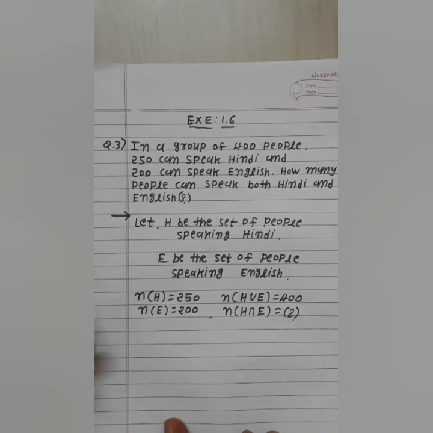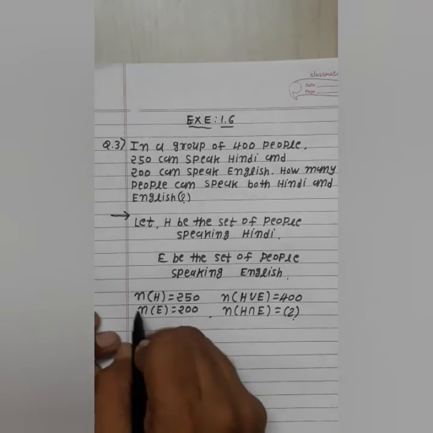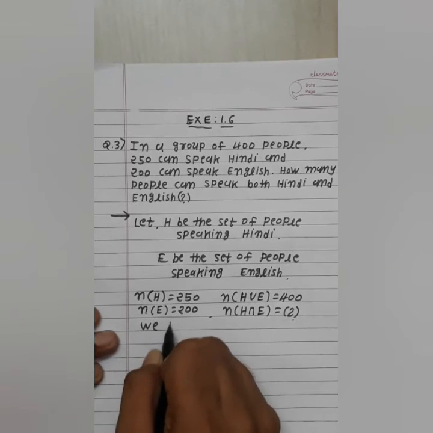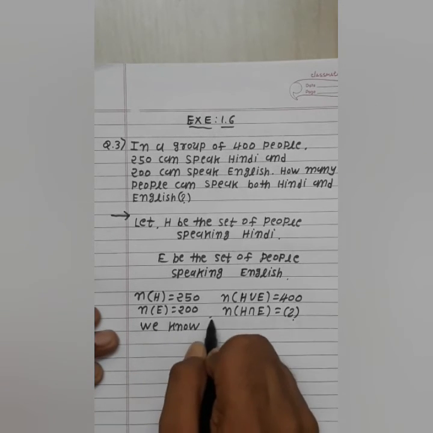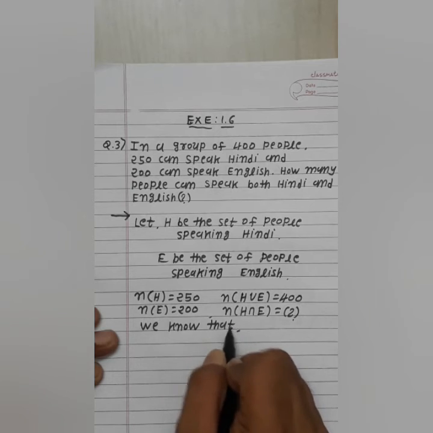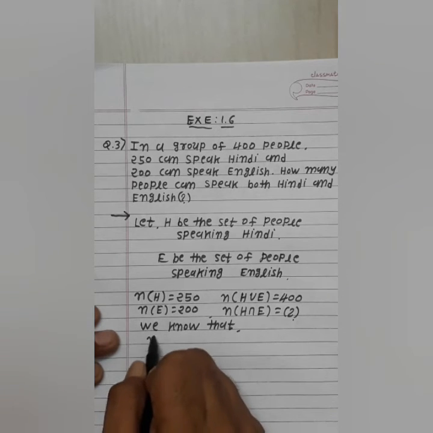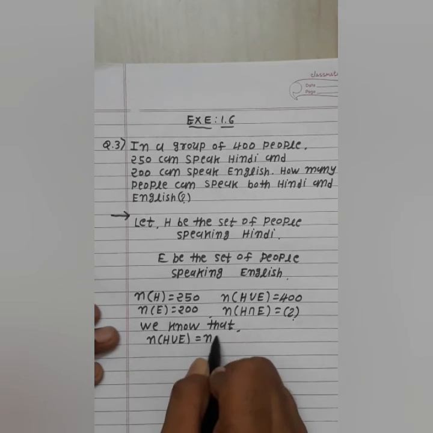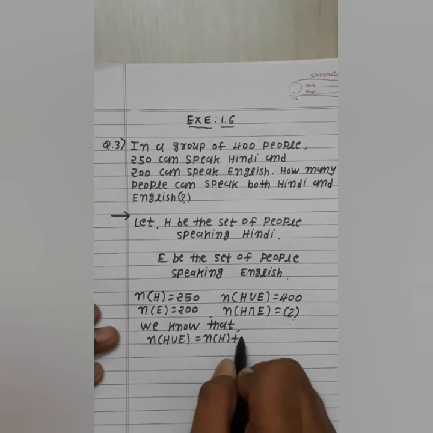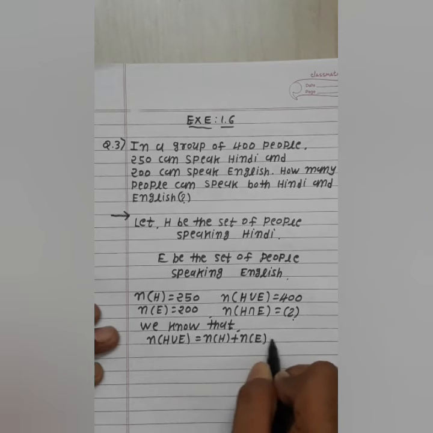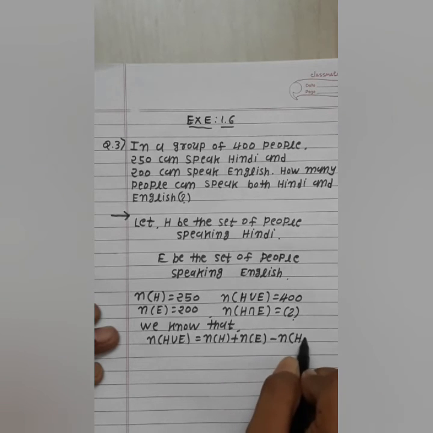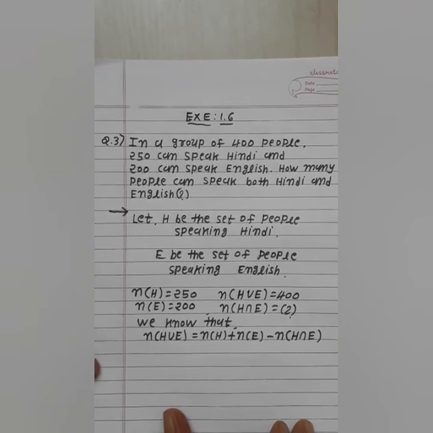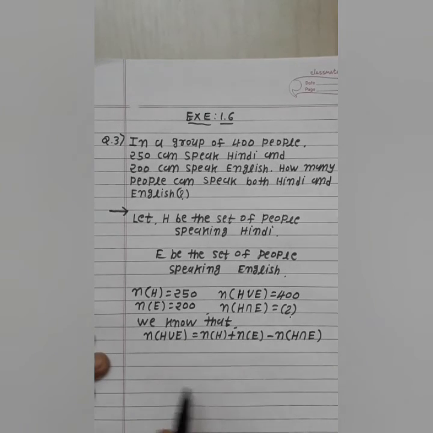So again the same formula applies here. First of all, we know that N of H union E is equal to N of H plus N of E minus N of H intersection E. Now again data is present here.